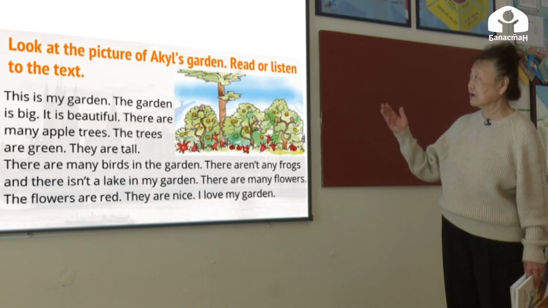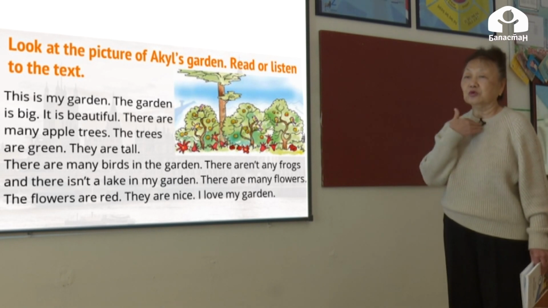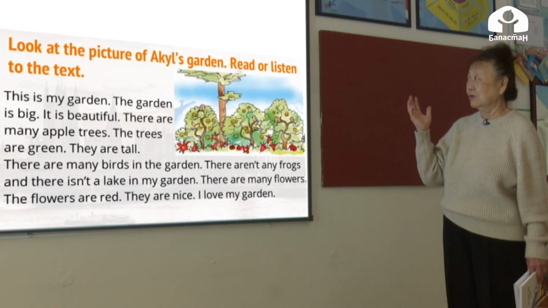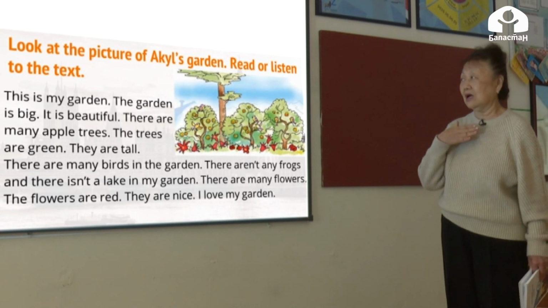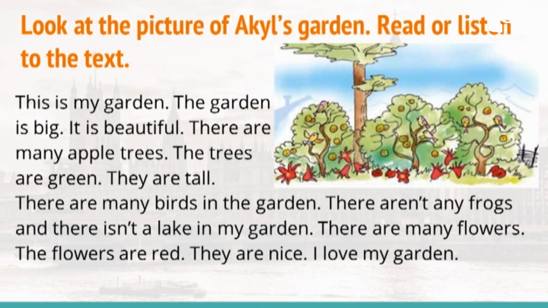This is my garden. It is not my garden, it is Akıl's garden. On behalf of Akıl, I am going to read this story. This is my garden. The garden is big. It is beautiful. There are many apple trees. The trees are green.